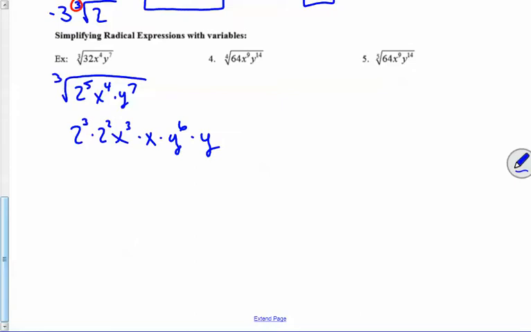Now, the sixth is really y squared raised to the third power, right? And all of that's under the third root.